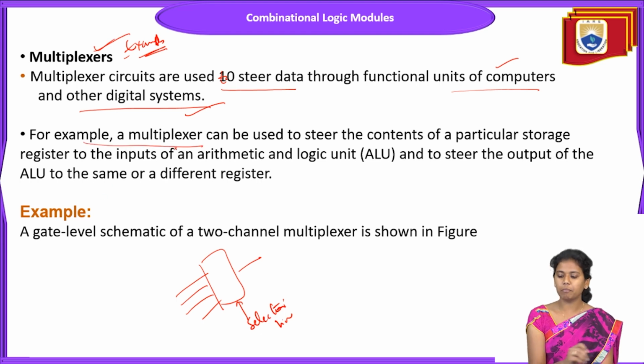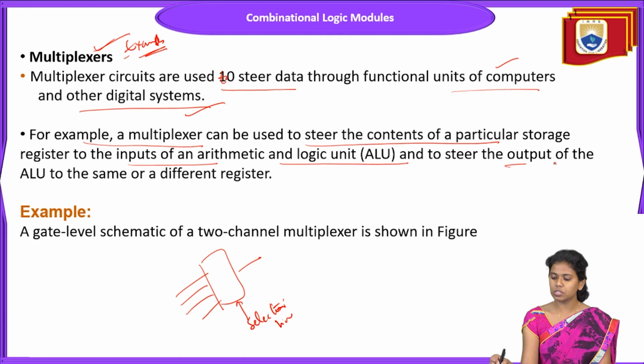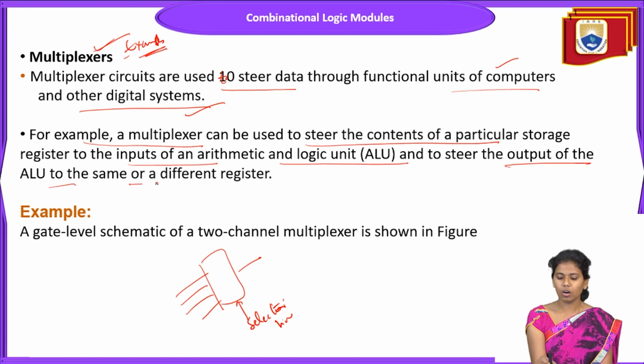For example, a multiplexer is used to steer the content of a particular storage register to the inputs of an ALU, and to steer the output of the ALU to the same or a different register.